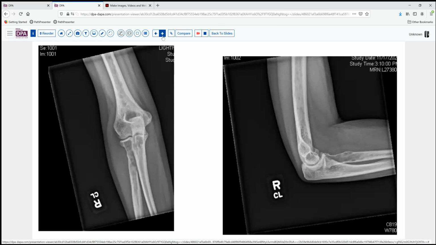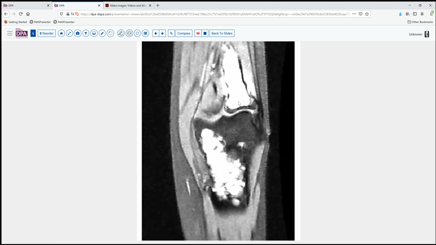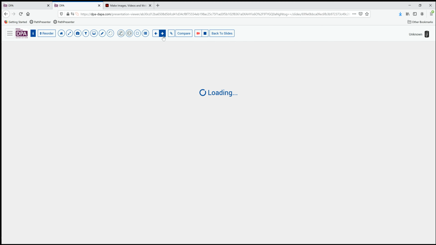Moving on and taking a look at her MRI sequence, we can again see here on the fluid sequence that we have evidence of involvement in at least two bones here on this section with a high fluid content tissue.